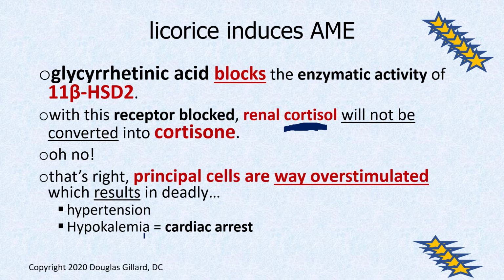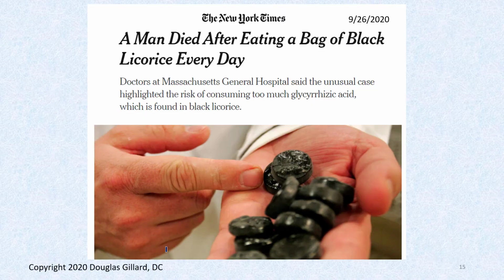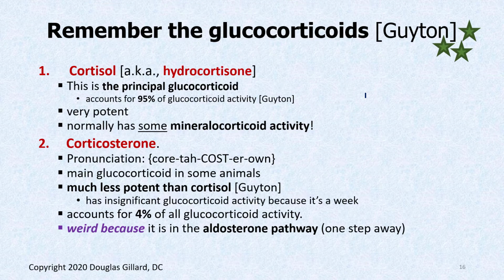The hypokalemia can put somebody into cardiac arrest. The hypertension will not kill the patient, but it's the hypokalemia that can be very, very dangerous. Right, here's the article. This was in September of 2020, the New York Times article here. Man dies after eating a bag of licorice each day. And that's exactly what happened.